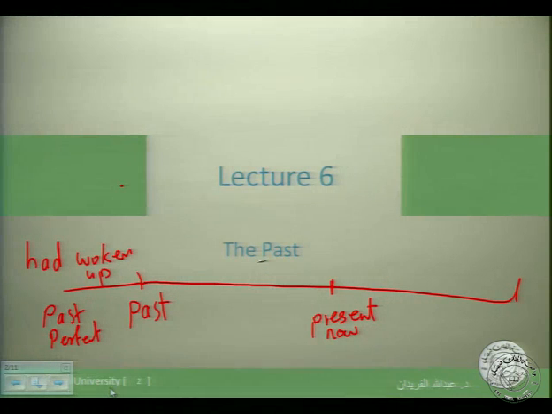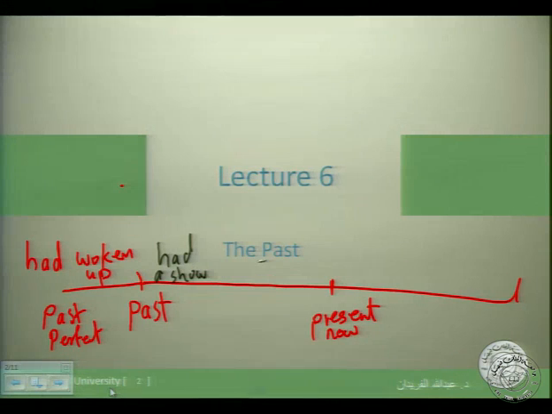The past perfect means something that was completed before another action. And then you would say, had a shower. So maybe you had woken up at 5 in the morning, and maybe you had a shower at 6, let's say.